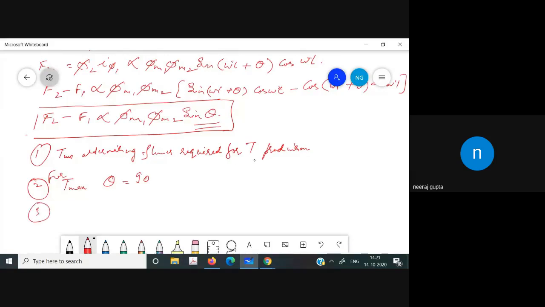Third conclusion that can be drawn out of that is that in the resultant, you will see that this time factor is not coming into picture. We have the theta only. So it is not a function of time.